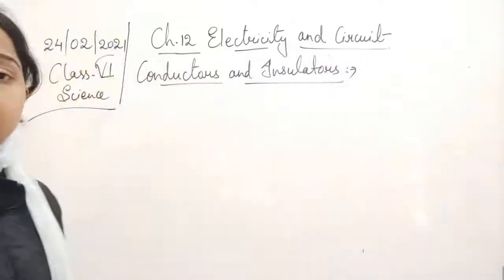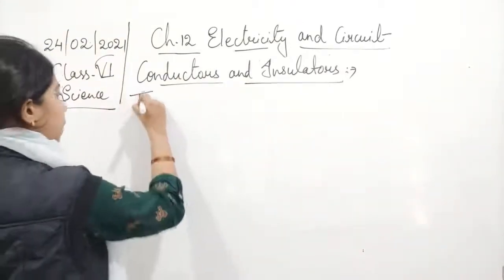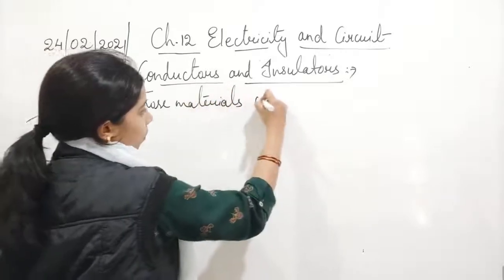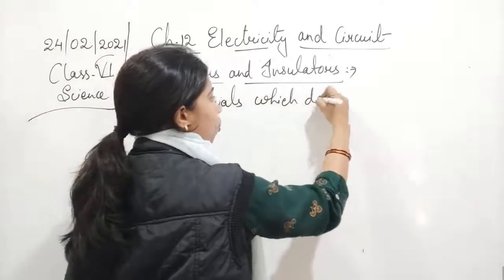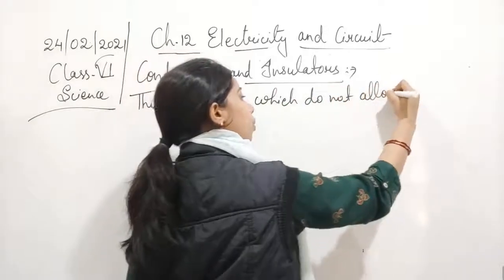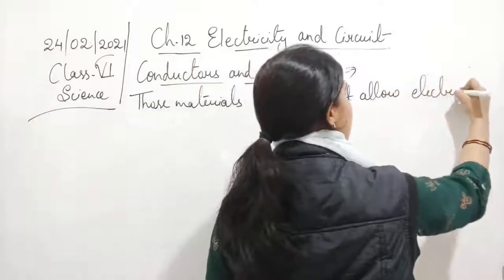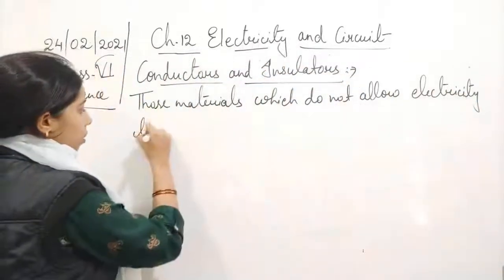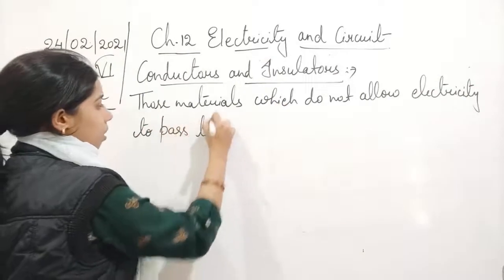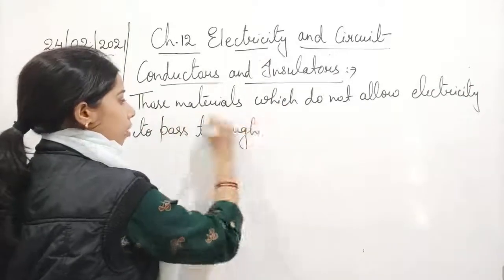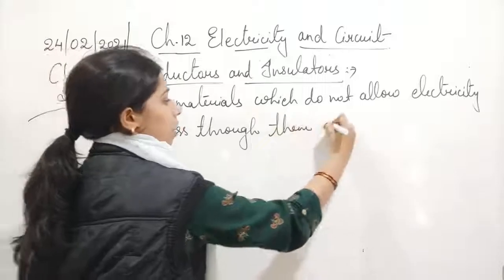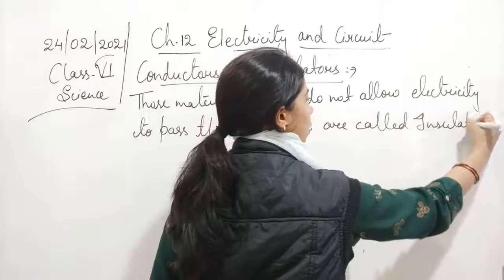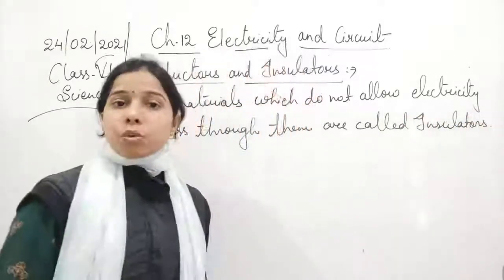We can write it: those materials which do not allow electricity to pass through them are called insulators.